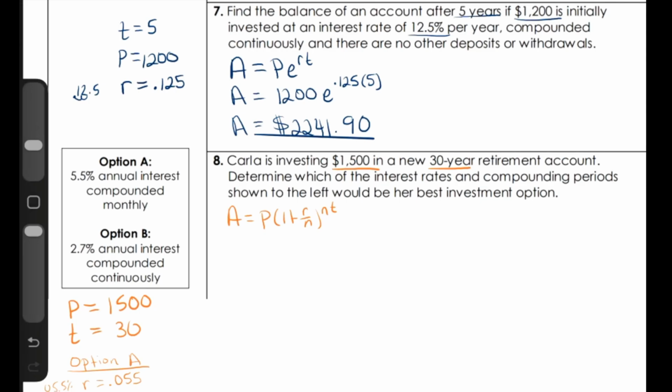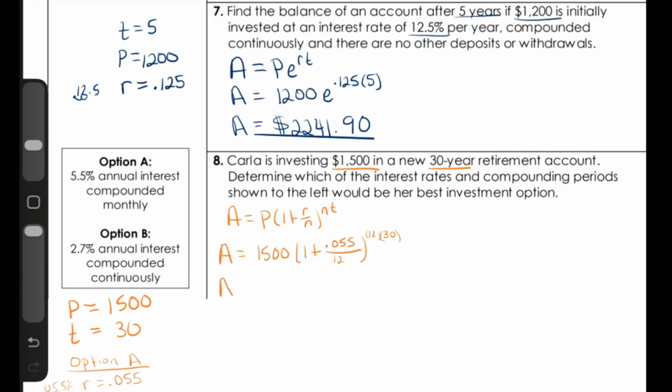Now we can plug everything in for just option A. We would end up with A is equal to P, which is 1500, times 1 plus our rate of 0.055 divided by the number of times in a year, which would be 12, to the power of our number of times in a year, 12, times our time of 30 years.